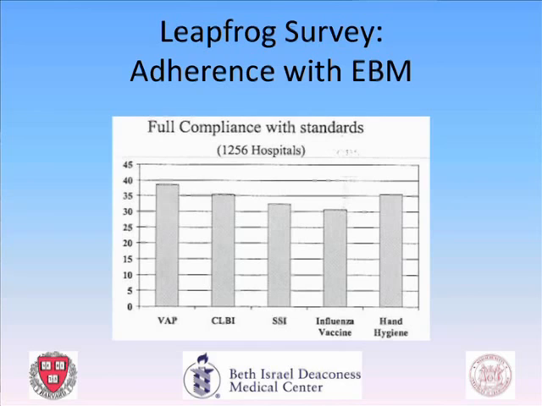And of course, we have lots and lots of evidence with hand hygiene, having the providers wash their hands before they see the patient. And this is where we stand. They surveyed more than 1,200 hospitals, and the rate of implementation is anywhere between 30 to 35%.